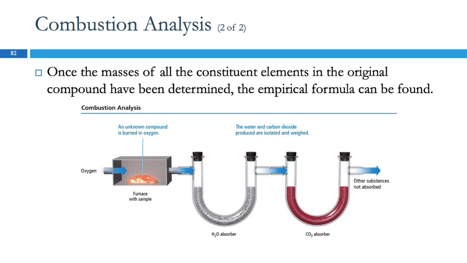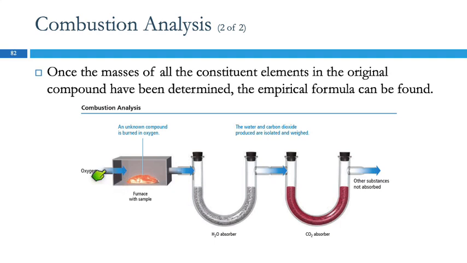You're going to put it in this furnace. You know its mass. Oxygen's passed through here, and so this burns. All of the carbon becomes carbon dioxide. All of the hydrogen becomes water in the gas state. Any oxygen that's in there is also going to be part of the carbon dioxide or the water.